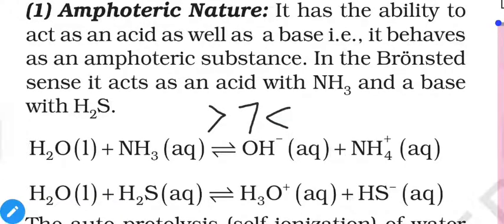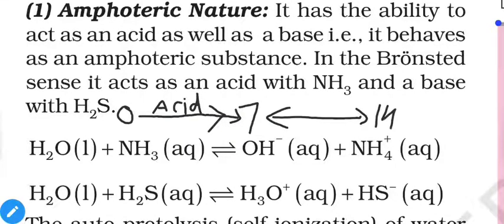That means any compound which has pH from 0 to less than 7 will act as acid with water, and any compound which has pH from more than 7 to 14 will act as base with water. That means with acid, water is base, and with base, water is acid.